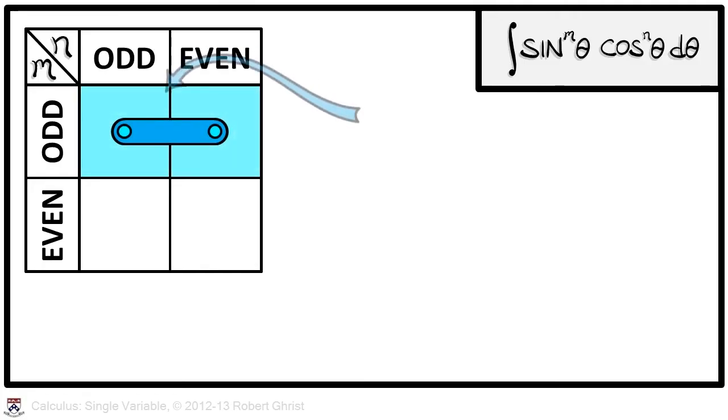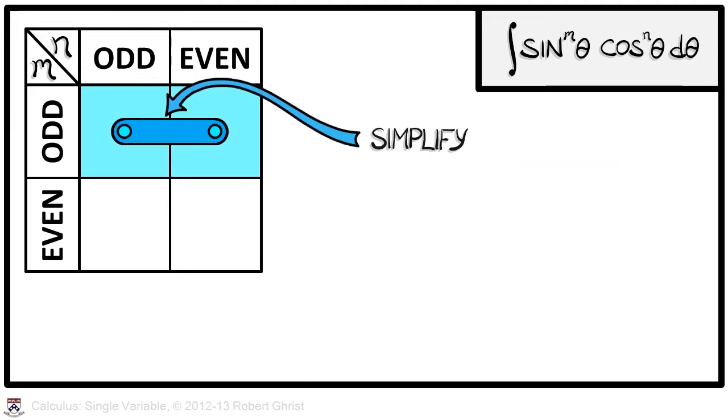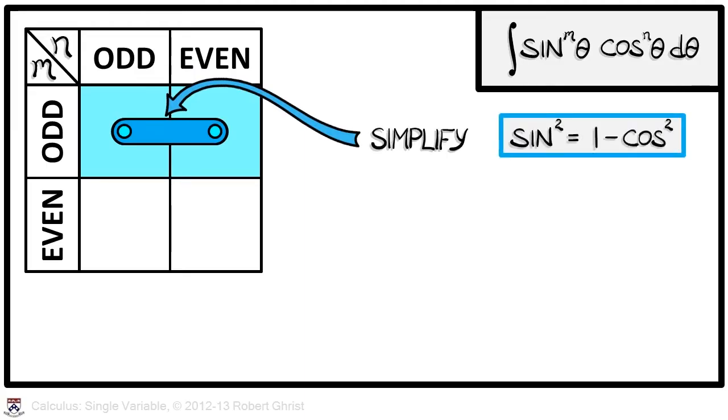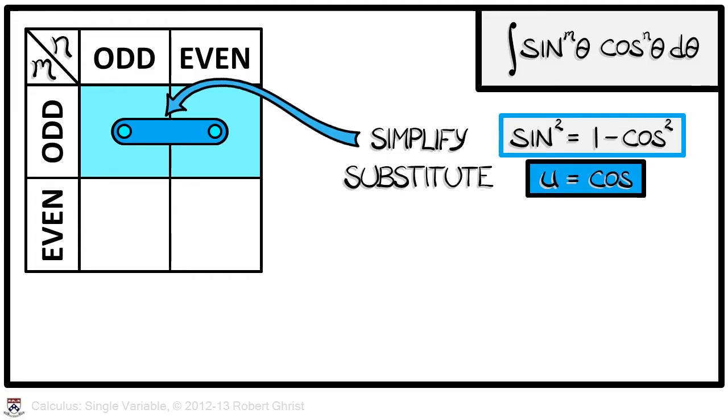First of all, if you're in the setting where m, the power of sine, is odd, then the following substitution will be effective. Expand sine squared as 1 minus cosine squared, and then substitute in u equals cosine. This will reduce the integral to something that is easily computed.